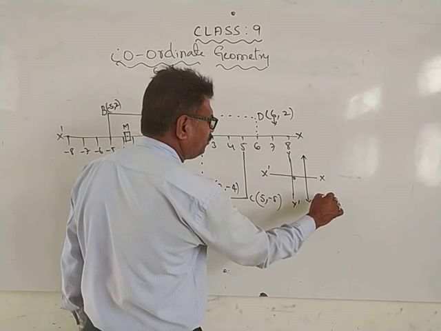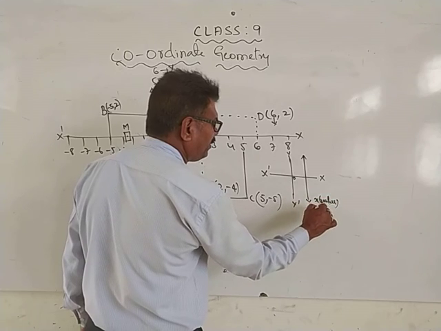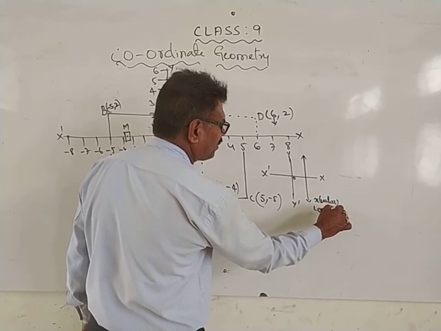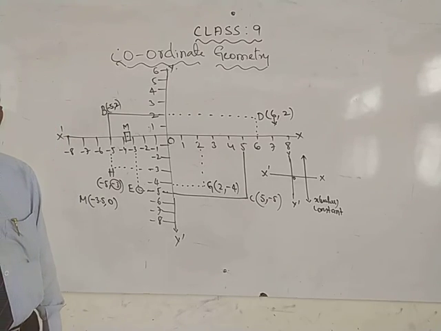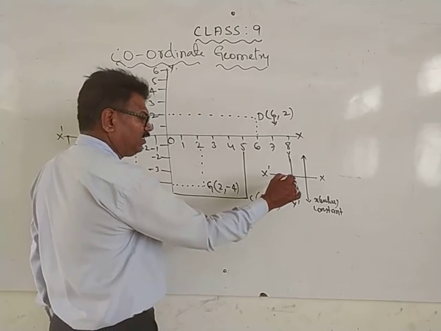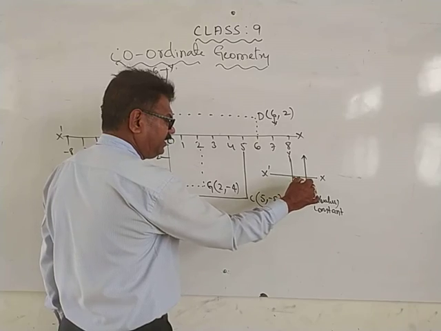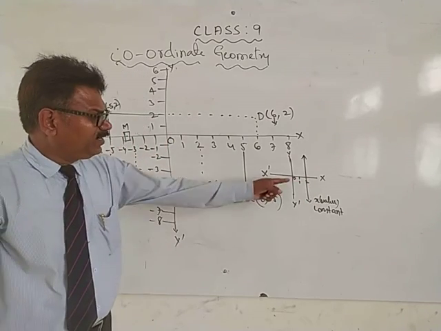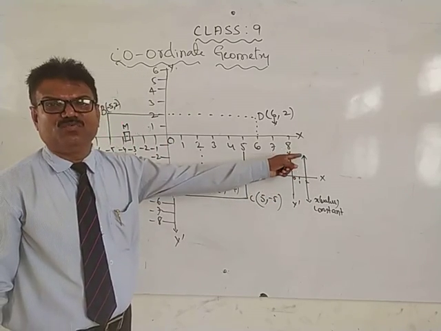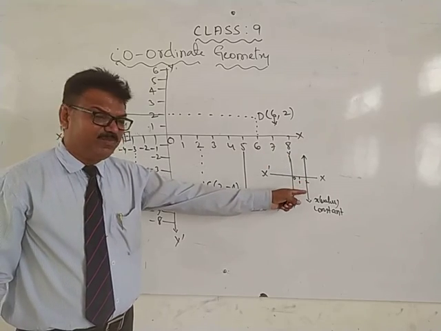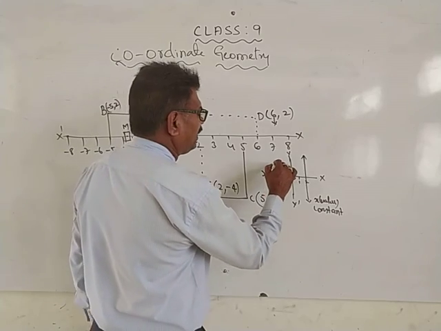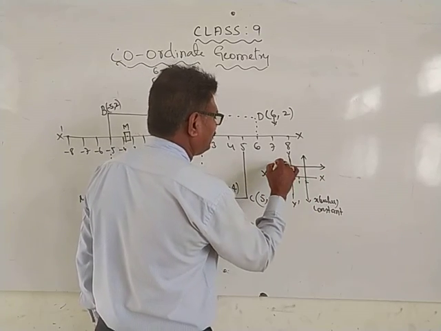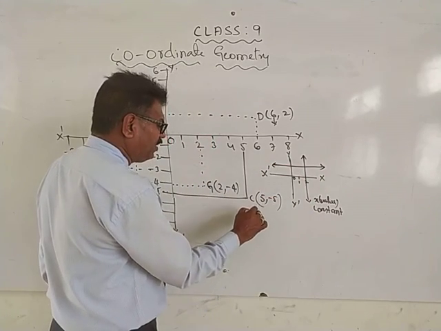X value will be constant. Constant means same value. For example, here 1 and it is 2. So 2, 1, 2, 2, 2, 3, 2, 4, 2, 5, 2 minus 1, 2 minus 3, 2 minus 4, like that.